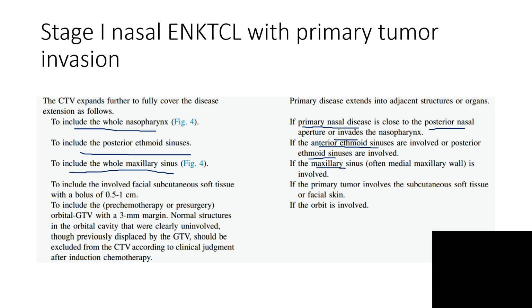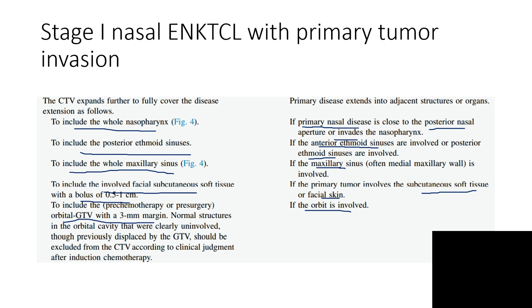If the primary tumor invades the subcutaneous soft tissue of the facial skin, include the involved facial subcutaneous tissue with a bolus of 0.5 to 1 centimeter in the contouring. If the orbit is involved, contour the orbital GTV with a 3 mm margin.